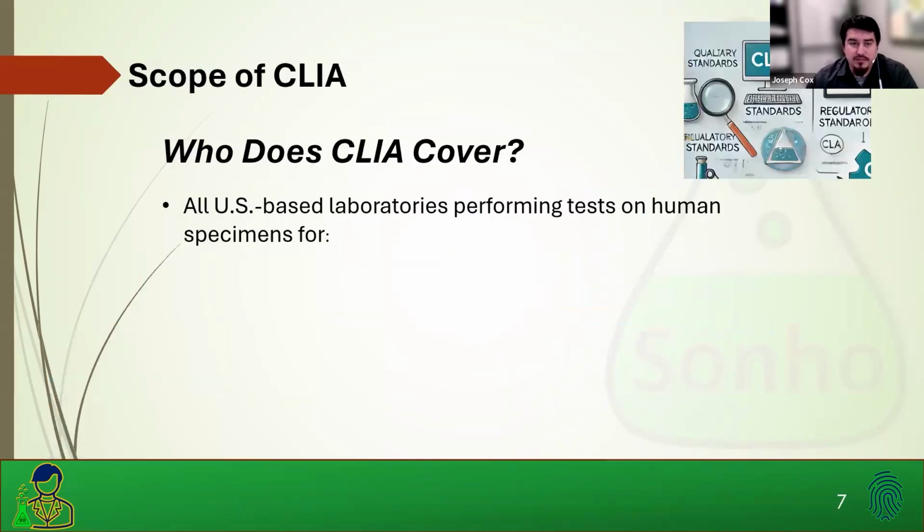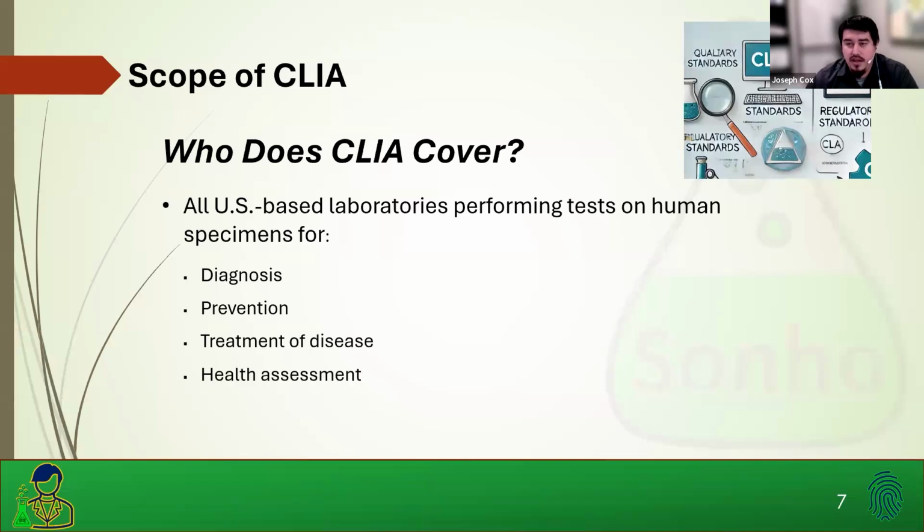So who does CLIA cover? All U.S.-based laboratories performing testing on human specimens for diagnosis, prevention of disease, treatment of disease, and health assessment. Any type of testing that's done on human specimens for anything health-related falls under CLIA.